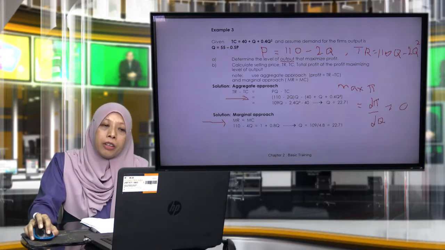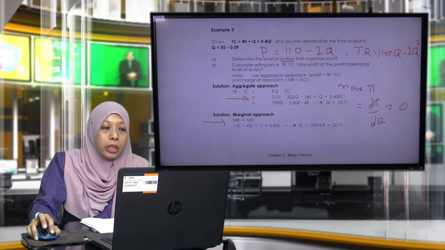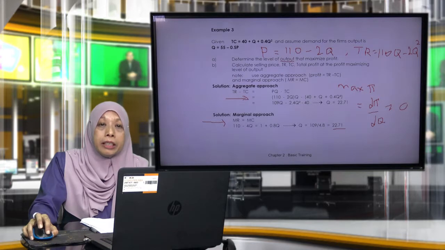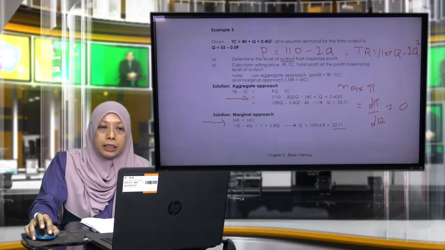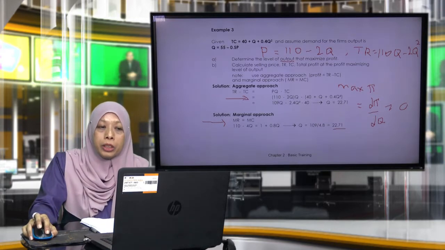So apart from differentiating profit and setting it equal to 0, you can also equate the MR function to the MC function to get to the maximum profit objective. You're going to end up getting the same value. I will leave it to you to try this example and see whether you derive the answers as I've shown you here.